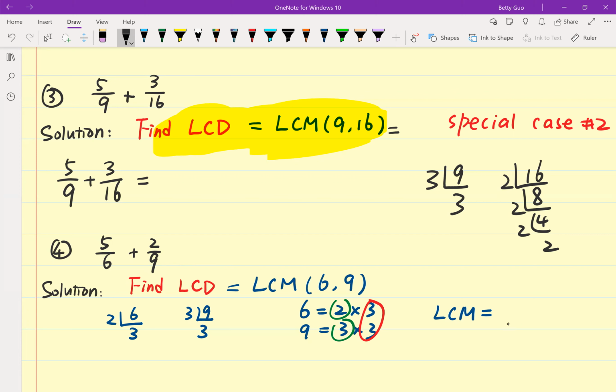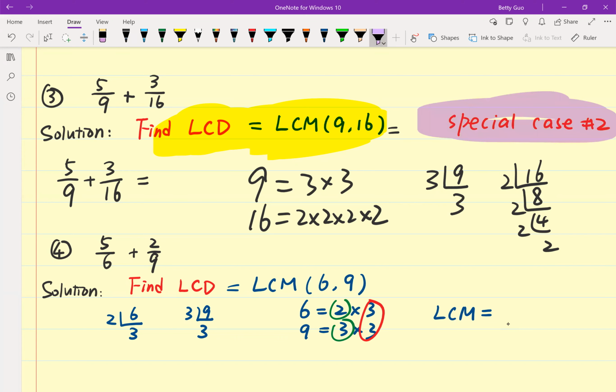Do you see that? Are they mutually prime? Here, 9 is 3 times 3. 16 is 2 times 2 times 2 times 2. Do they have a common prime factor? No, they are mutually prime. My second special case, special case number 2, mutually prime.